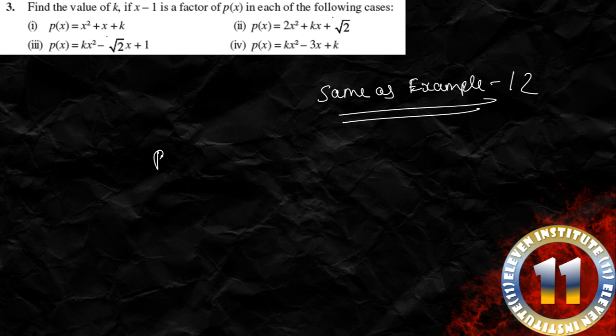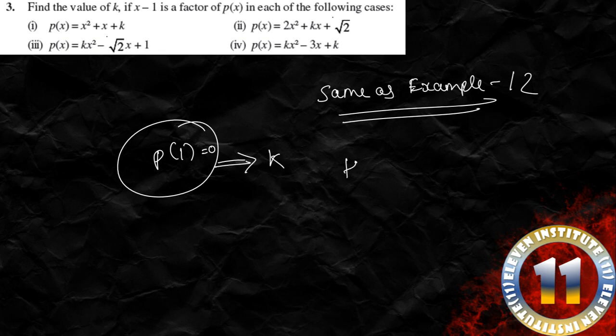Then what you have to do? You have to do p of 1 is equal to 0. Apply it everywhere. Just take p of 1 is equal to 0 and then you will obtain the value of k. So this also you have to try in homework. Just try it. And I will solve all the sums in the next video lecture, and in case you have any doubts, we can solve it in the next video lecture.